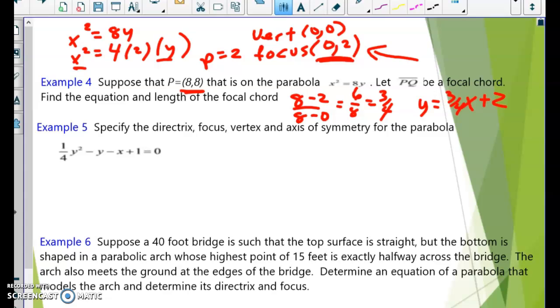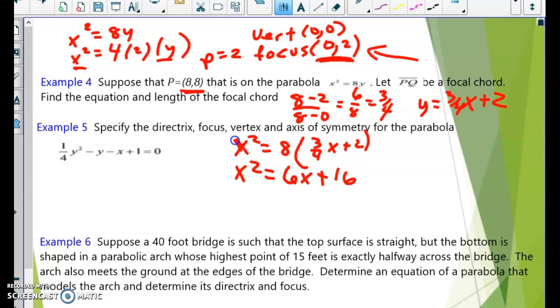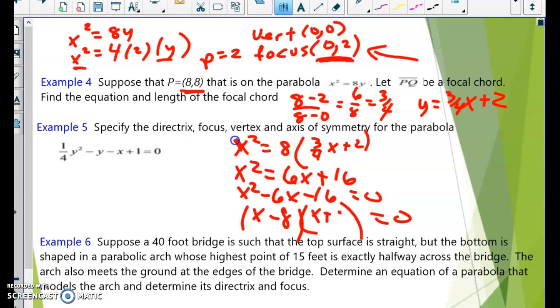So let's take that and say, well, I know that x squared equals 8 times y, but if I put in my other equation, I should get the intersection, so get the equation in one variable. And I should be able to get the factors x minus 8 and x plus 2.